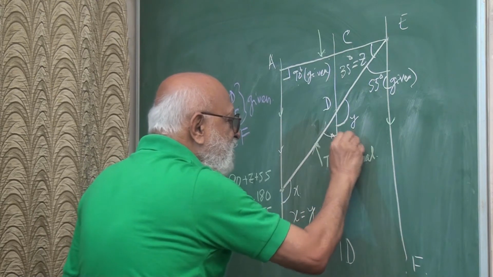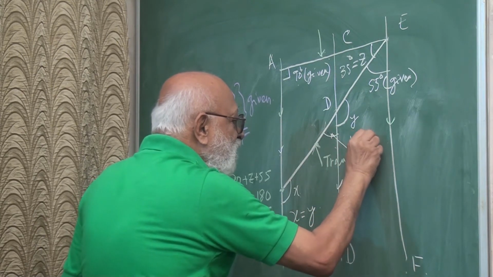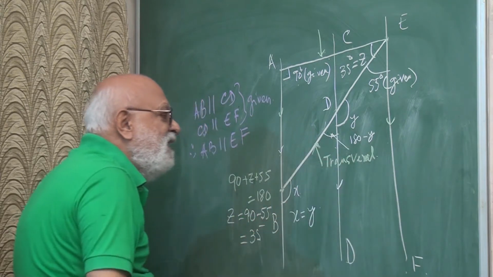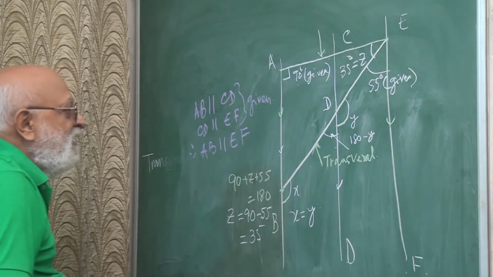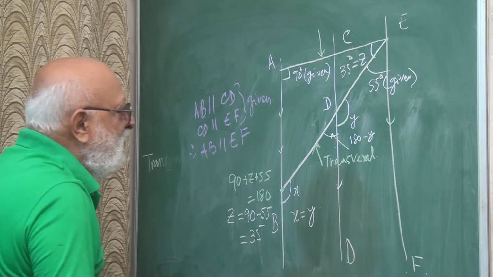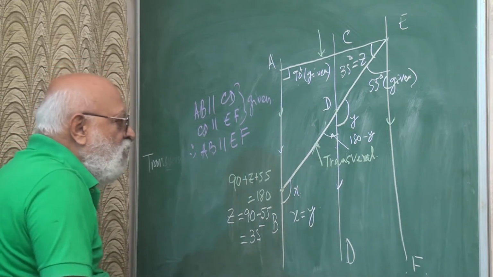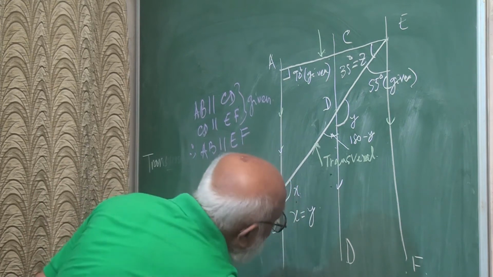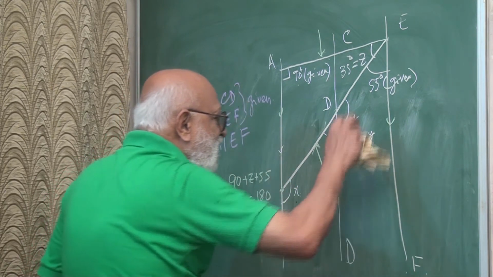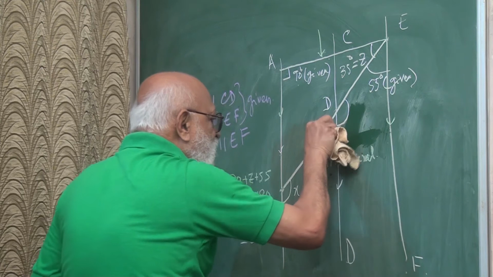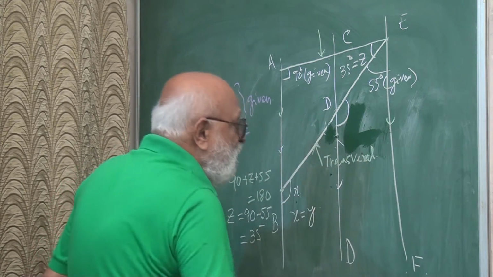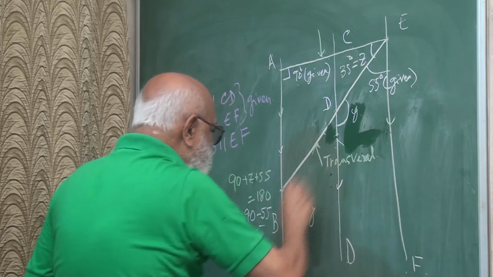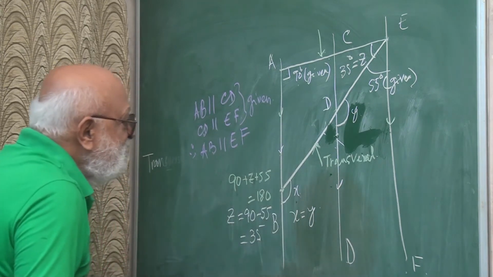This angle will be 180 degrees minus Y. That again is going to give you X equal to Y. So we don't need to go through the same finding out again. What we have to now find out is the value of either X or Y.